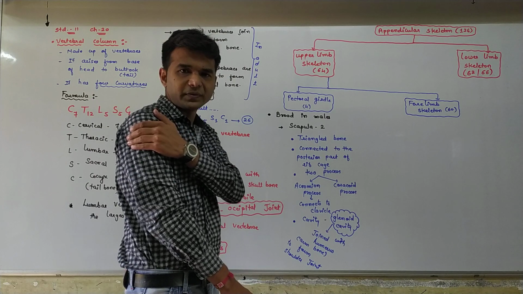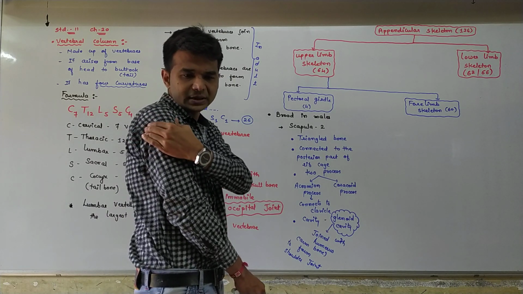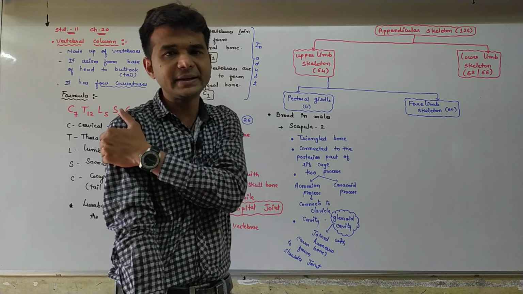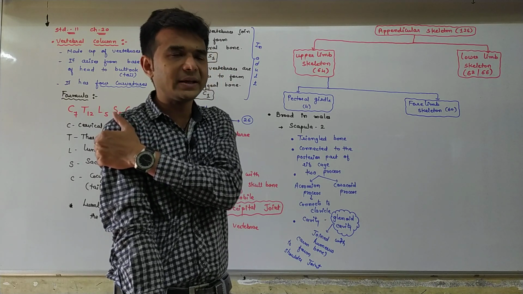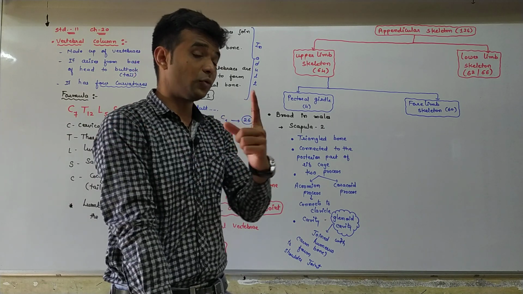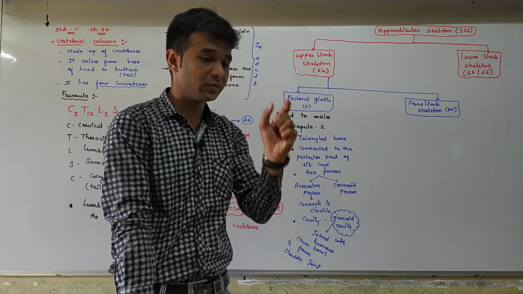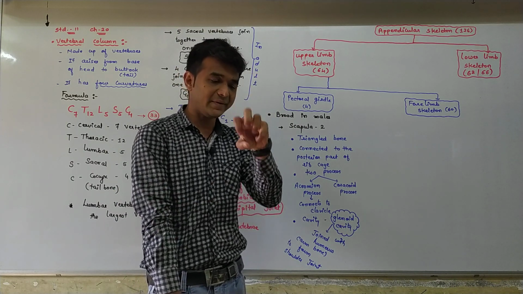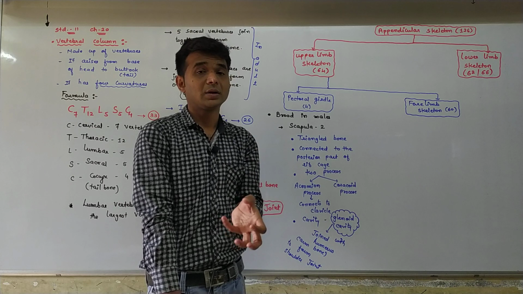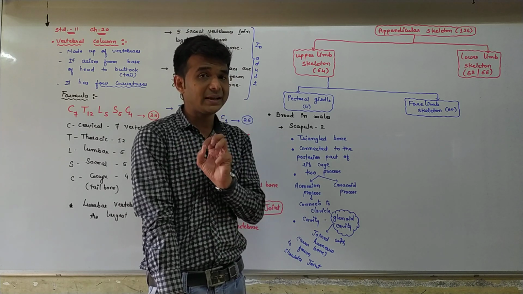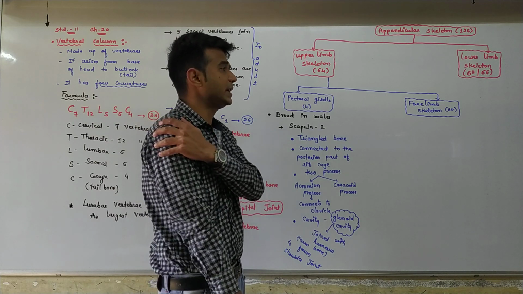Arm consists of the humerus, and the head of the humerus is articulated with the glenoid cavity, and in this way it forms the shoulder joint. What I told earlier, a very shallow cavity. So here the cavity is small, but the head of the humerus is big.